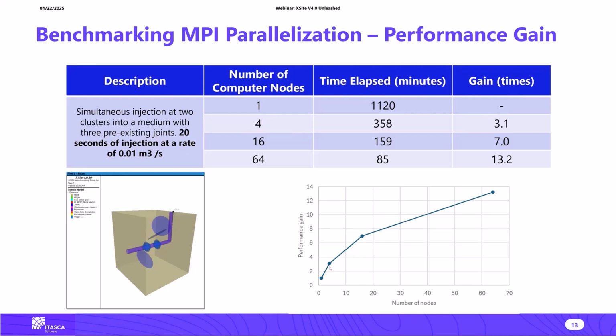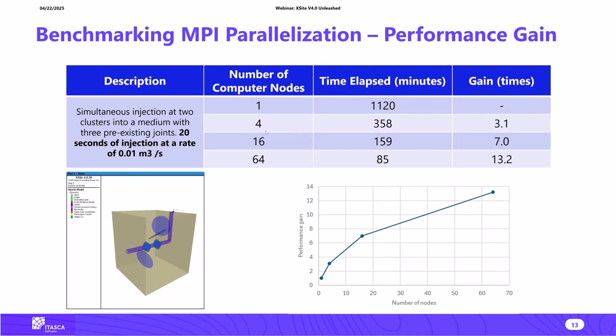Of course, this type of trend is expected. The performance gain cannot be linear as a function of number of nodes, but what we see is that the relative gain decreases with increasing number of nodes, which is expected because there are losses on the transfer of information between these different nodes.